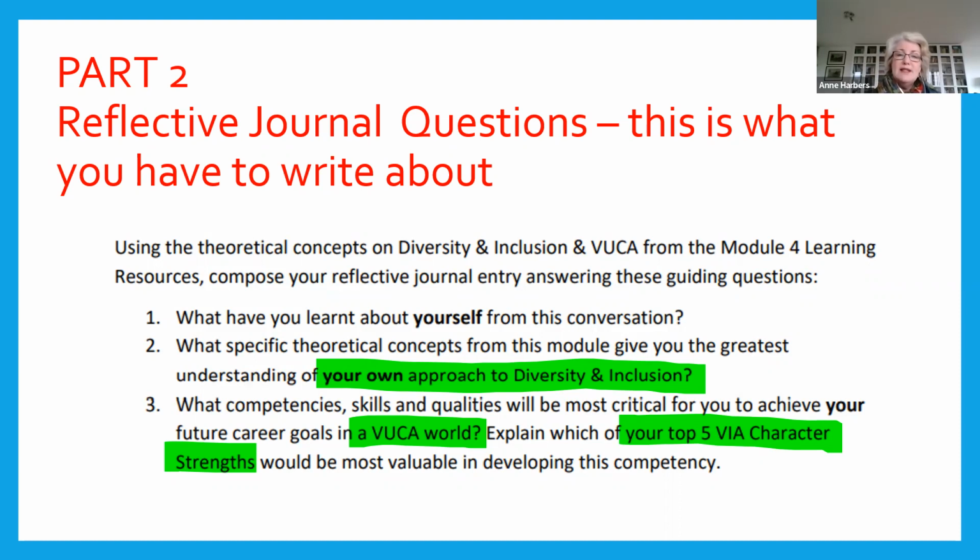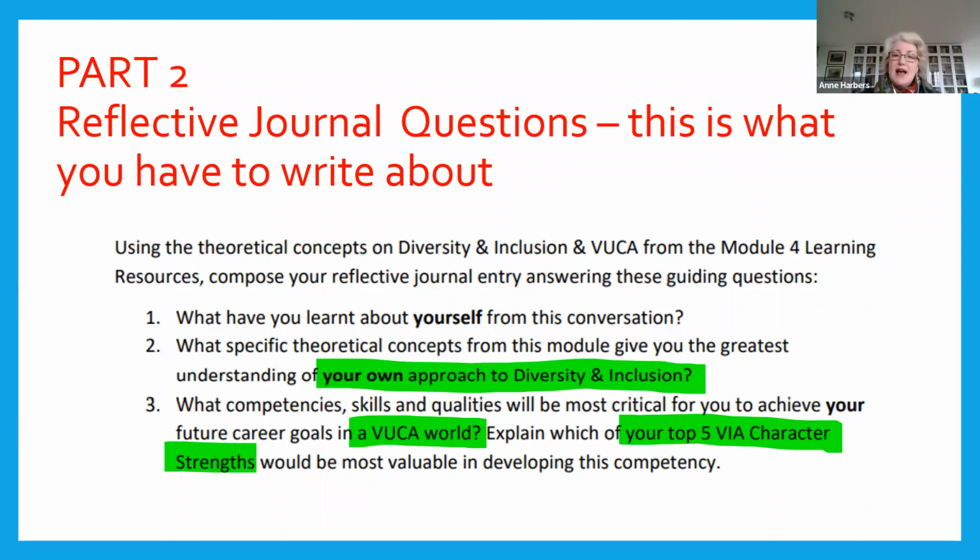Thirdly, what competencies, skills, and qualities might be critical for your future career relating to diversity and inclusion, because remember, that's our topic. And we're talking about in the VUCA world. I'll explain that term in a minute. It's something you will do in week 8.